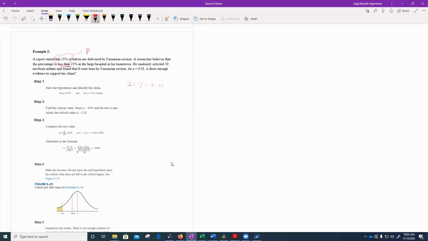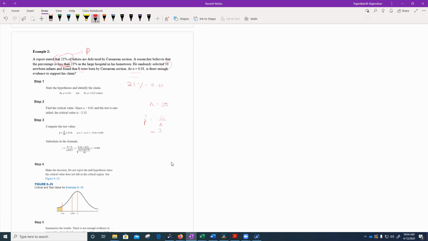Now the remaining is all the same. Alpha is 0.01, and the random sample is 50. Therefore p hat, by the formula, is x over n. He is targeting how many of the patients got a baby by C-section.